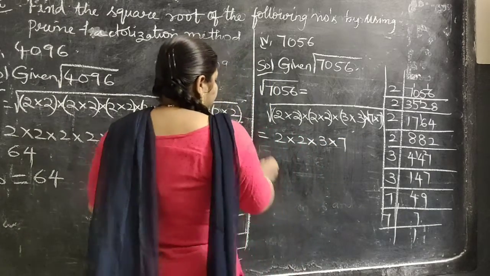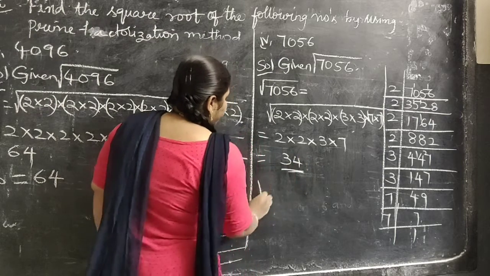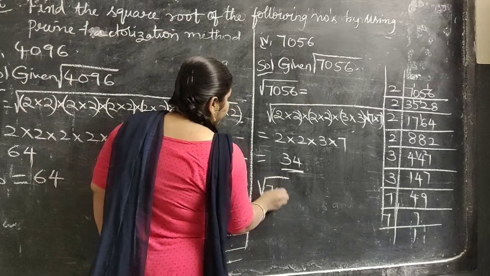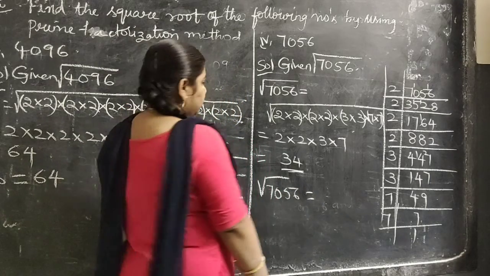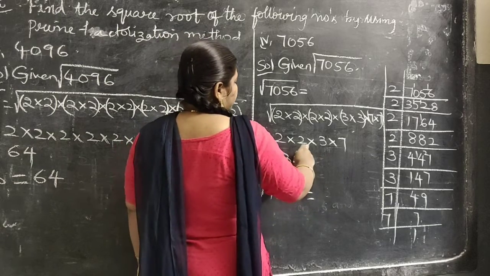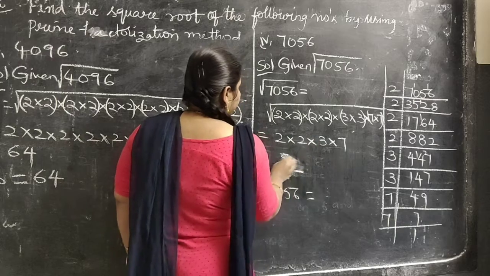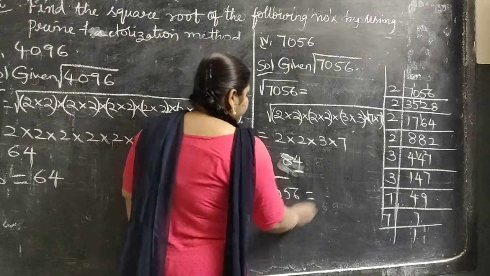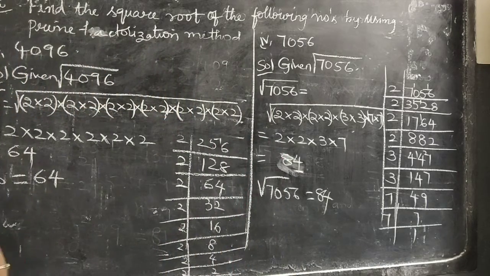So 2 into 2 is 4, 4 into 3 is 12, 12 into 7 is 84. So square root of 7056 is 84.